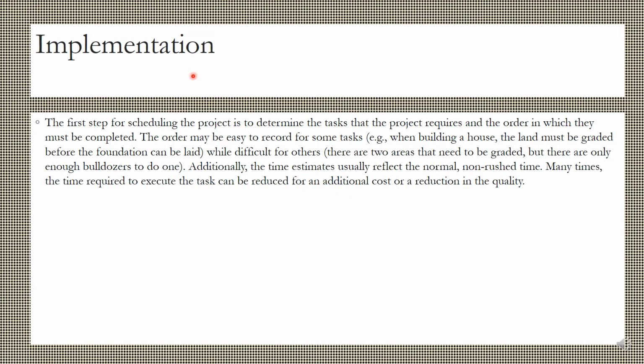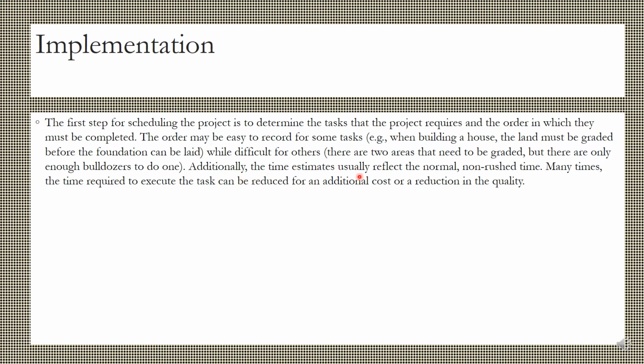Now, what are the implementations? The first step for scheduling the project is to determine the tasks that the project requires in the order in which they must be completed. The order may be easy to record for some tasks, like when building a house, the land must be graded before the foundation can be laid. While difficult for others, like there are 2 areas that need to be graded, but there are only enough bulldozers to do one.